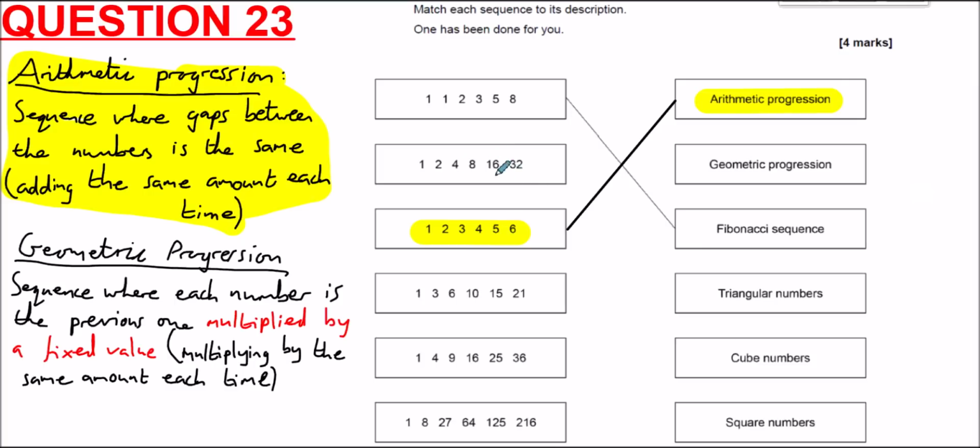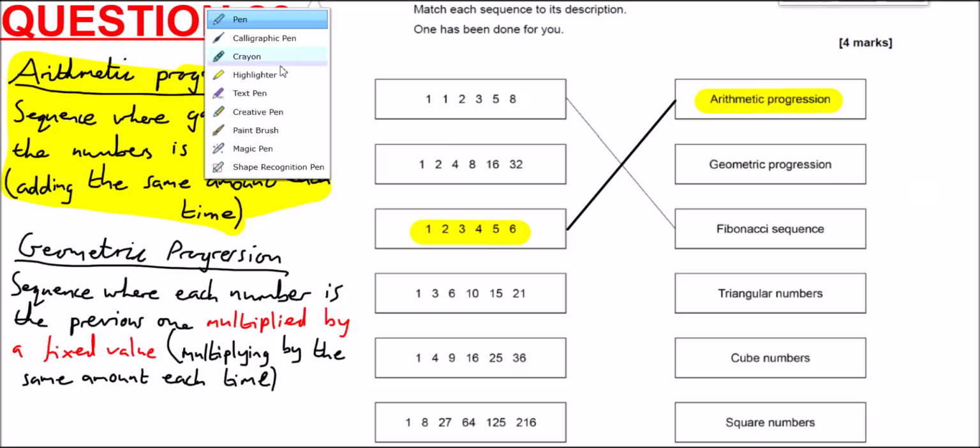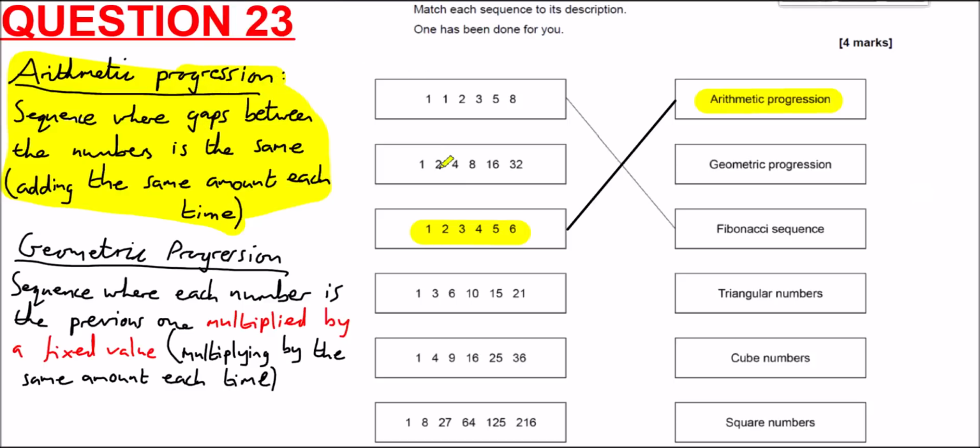This one here is a geometric progression because the numbers are being multiplied by the same amount each time. So in this case here, the numbers are just being multiplied by 2 each time. 1 times 2, 2 times 2, 4 times 2, and so on. And so the geometric progression is the one I'm just highlighting in green.